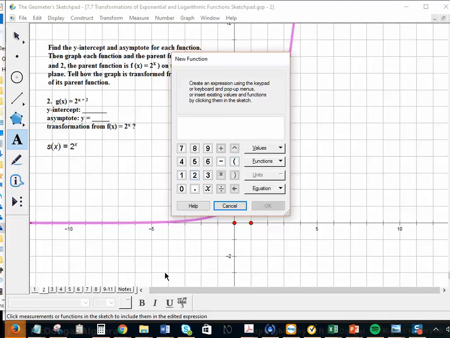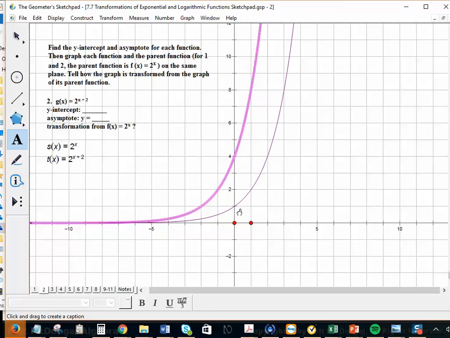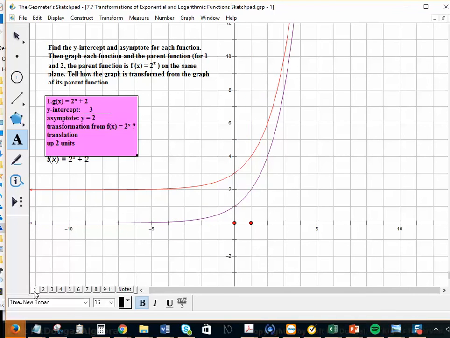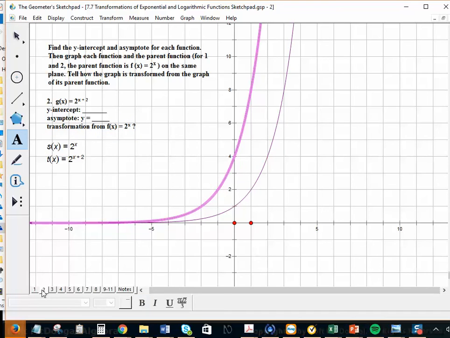So we're going to graph 2 to the parentheses x plus 2, which will change the way. See, now the x plus 2, that whole thing is the exponent like we wanted it to. So when you graph it, that's going to be a different type of transformation than this one was. And then you answer the questions about the y-intercept and the asymptote and what the transformation is.